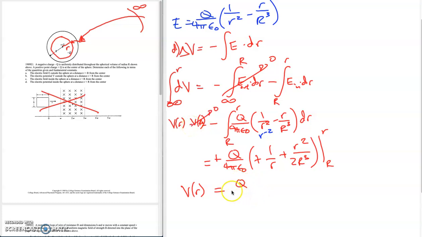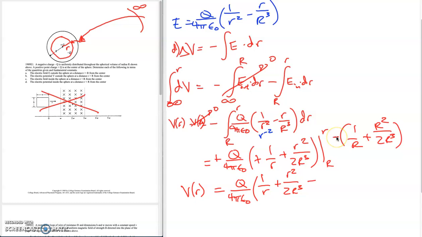We have q over 4 pi epsilon naught times the quantity 1 over r plus r squared over 2r cubed, minus, when we plug in the big R there, 1 over big R plus big R squared over 2 big R cubed.